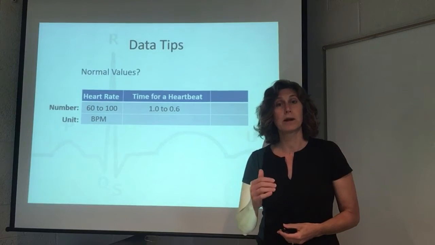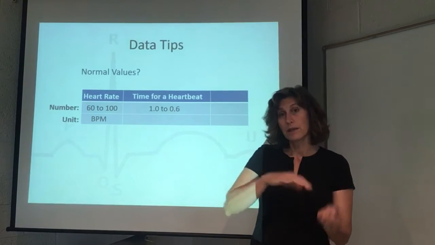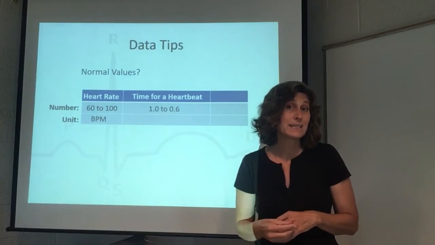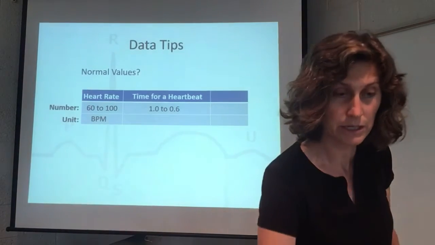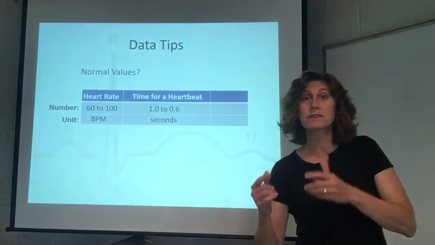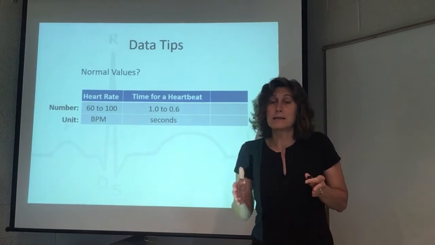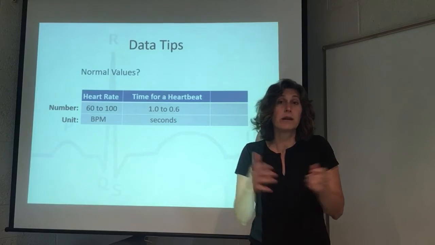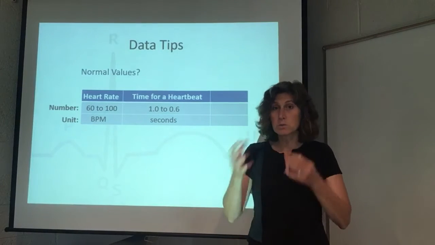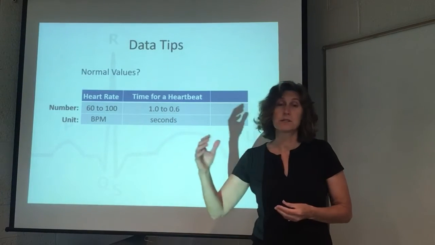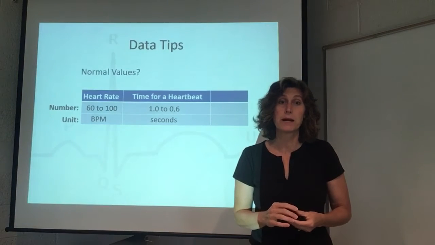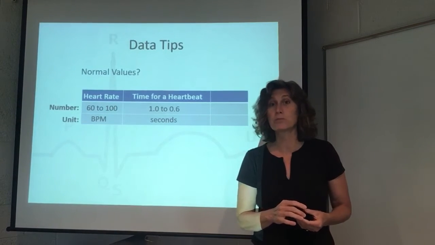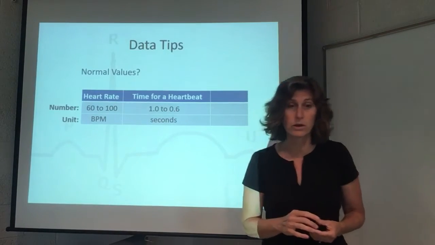Or if you're talking about 100 beats per minute, that flips over to about 6/10 of a second, and we're talking seconds here, 6/10 of a second from one beat to the next. So this scale shrinks as the heart rate increases. So it's important to know. And in a lot of the psychophysiology that we do in the mind-body lab, we're actually looking more at that time for a heartbeat. Interbeat interval is the fancy word for it.